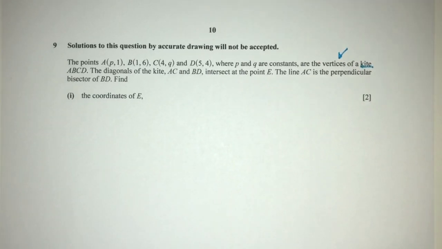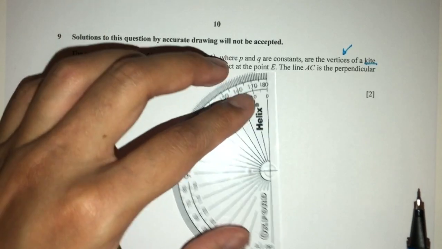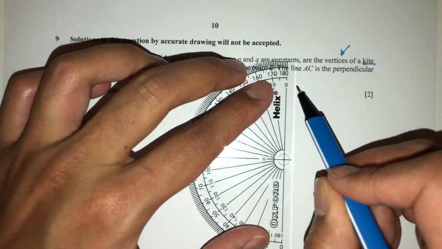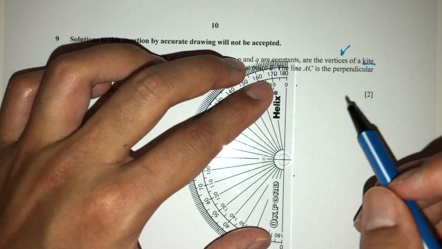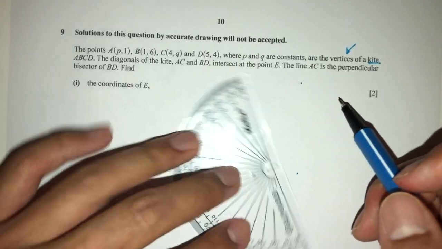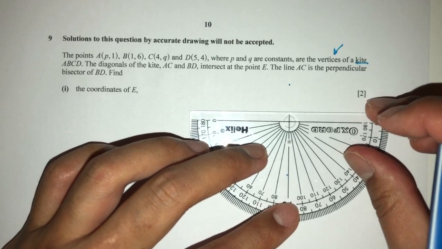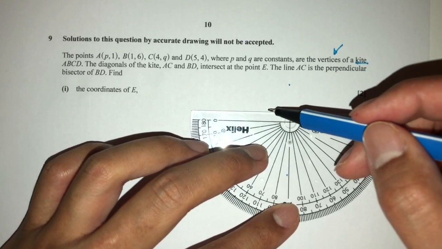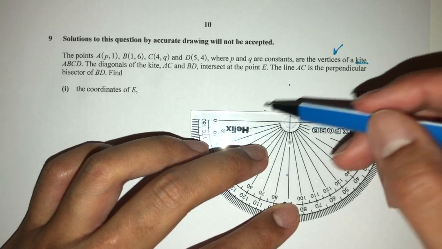Now first things first, let's draw a kite. So the kite will be, let's say, the shape will be somewhat like this. We don't need to be accurate, we just need to have an idea of what the shape of a kite can be.